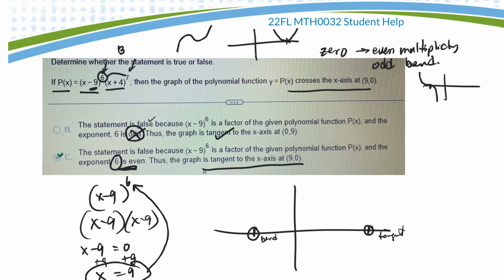The graph starts coming up, does something, but then it bends through there. It goes up, it might do something else. As it comes back down to this one, it's going to come and bounce and go back, or be tangent. Let's test our theory out and just see what happens with Desmos.